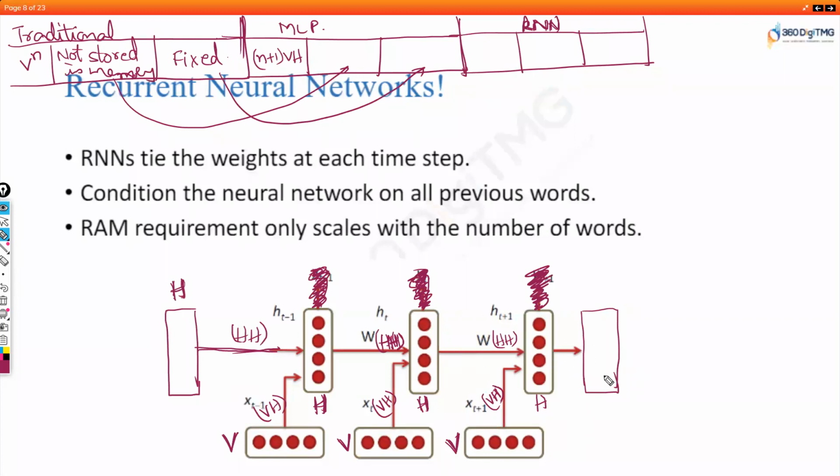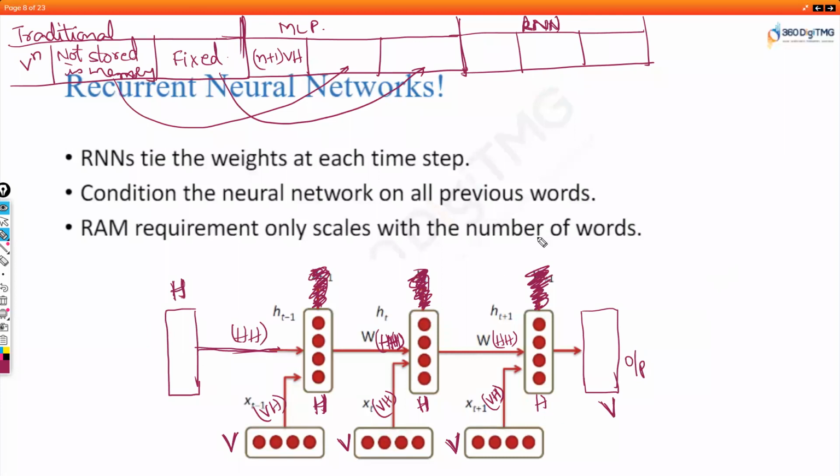Then finally you have your output layer. This output layer size also will be V, the number of words in the English language. For each word, you'll get a probability as an output, and the word which has the highest probability would be the next word.